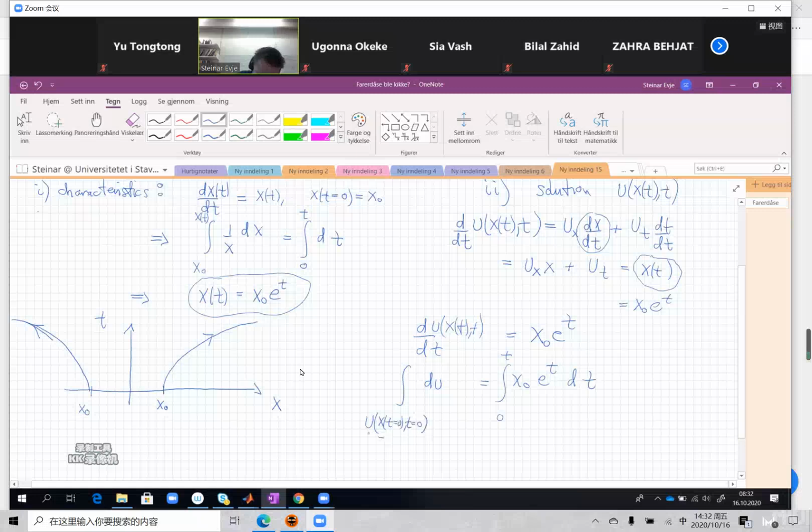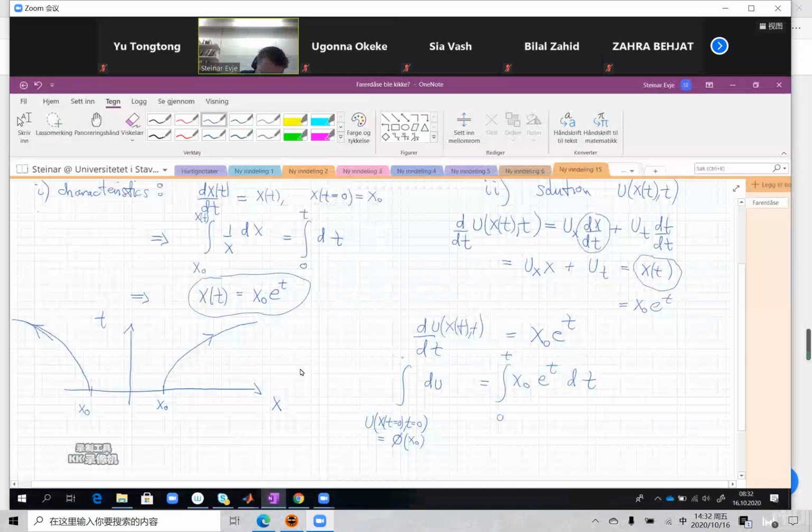But this is clearly nothing but initial data, phi, evaluated at the starting point of the characteristic x0. Here we have the upper limit, which is u of x of t.